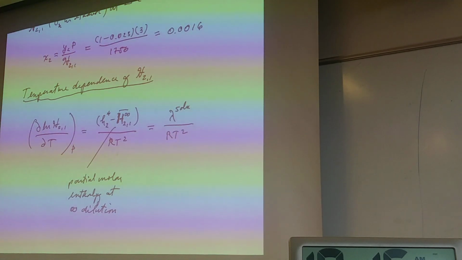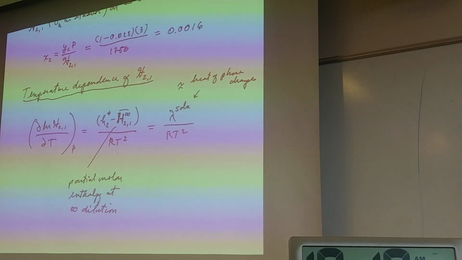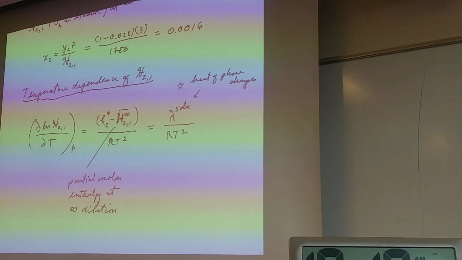But what's important here is the magnitude. This is comparable to the heat of a phase change. In other words, fairly large, which means that the temperature dependence for the Henry's constant is expected to be fairly big.